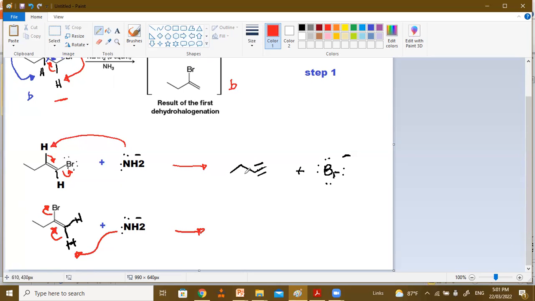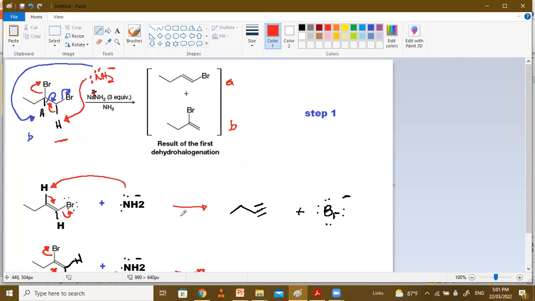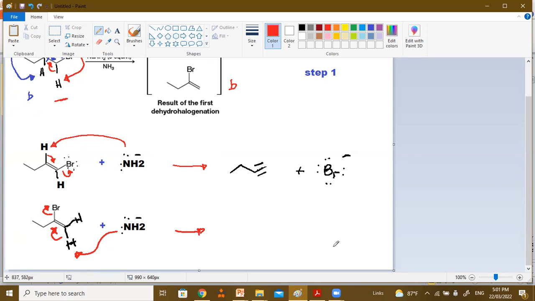You still get this same product here, 1, 2, 3, triple bond. Plus this one. So you actually need 3 moles of that.